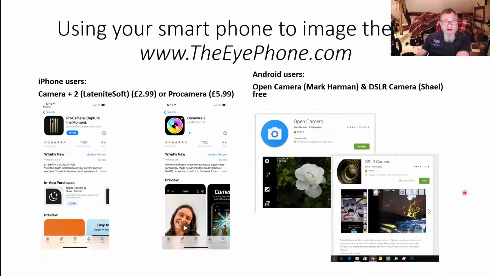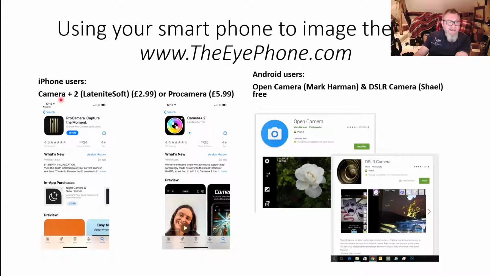So theiphone.com is a good place to go, because I try and keep that updated with which apps work best. For iPhones, the best app at the moment is Pro Camera. It's a bit more complicated to use than Camera Plus, which is the one we've used for a long time, but it allows you to change the intensity of the light, which is very, very useful.